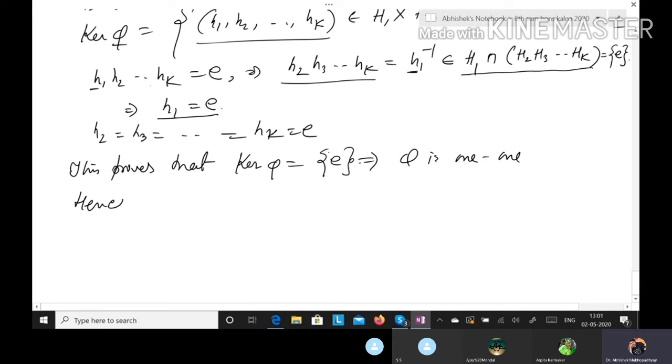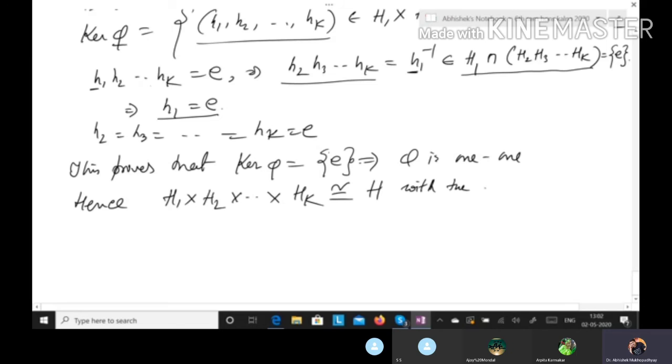So hence H1 cross H2 cross Hk is isomorphic to H with the help of this.